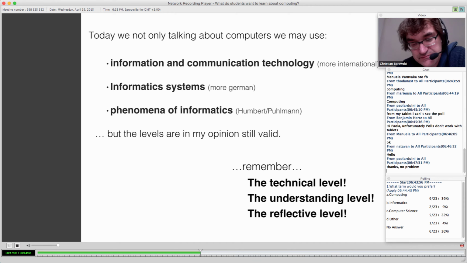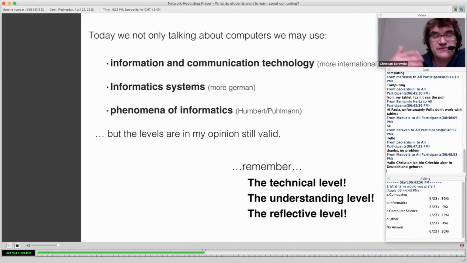Some with the computers, where the computer systems are, like a computer you can see, or in the supermarket where you can't see the computers. Then you have phenomena where informational thinking, informatic thinking, or computational thinking happens. That's not really connected with the computers or the informatic systems. You can't see it.